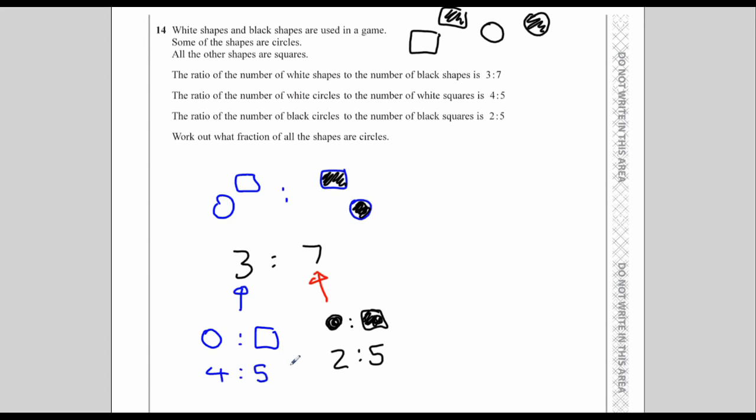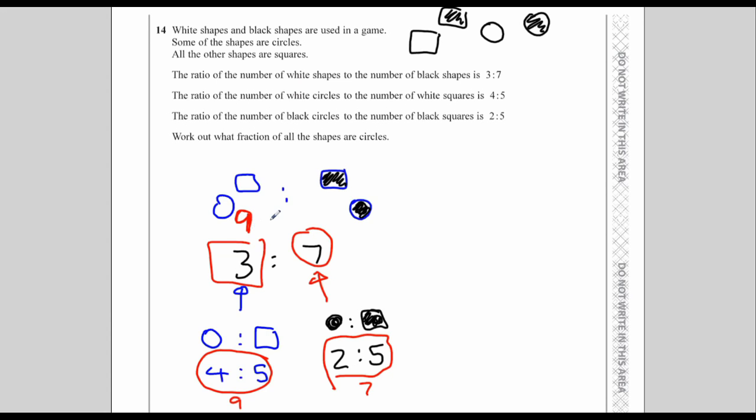Now, fortunately, your 2 and your 5 add together to give you 7. Here, though, your 4 and your 5 add together to give you 9. But we're talking about 3 here. So ideally, we would want this to be a 9. And how did we get that to be a 9? We times by 3. So if we times this by 3, we get 21. And that means that we can split this out.